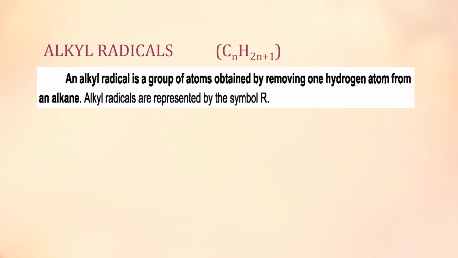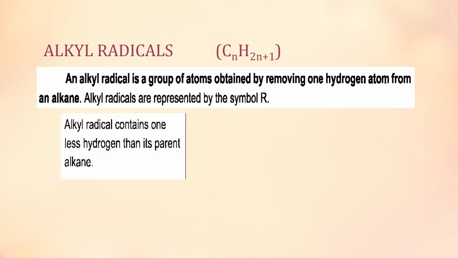Now we will learn about the alkyl radicals. An alkyl radical is a group of atoms obtained by removing one hydrogen atom from an alkane.